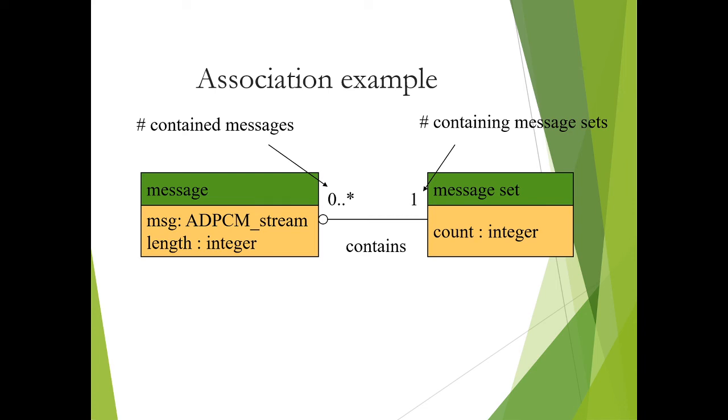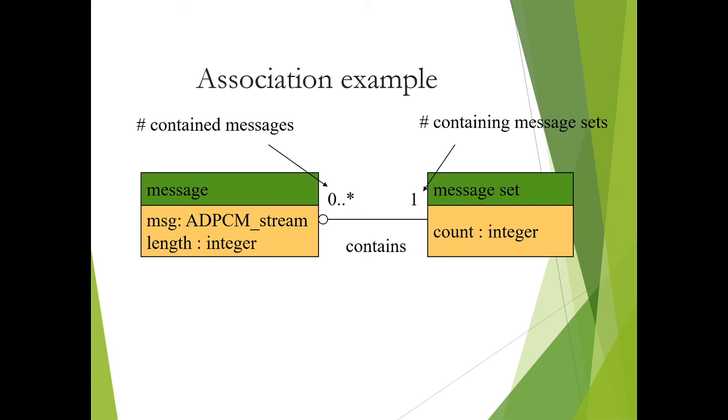So here is the class message set, the class message, and here is the association. Drawing the line ends in a circle that is open, it is not filled in. So this means it contains a message set which contains a message.